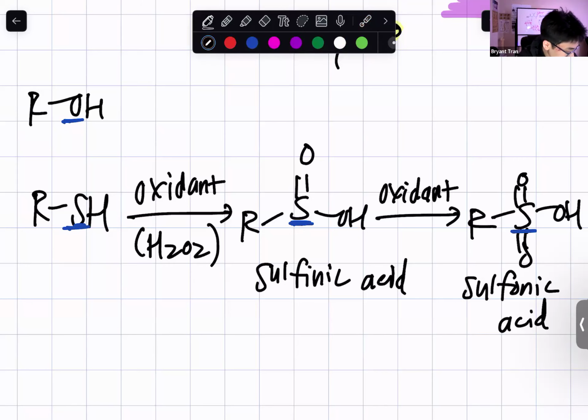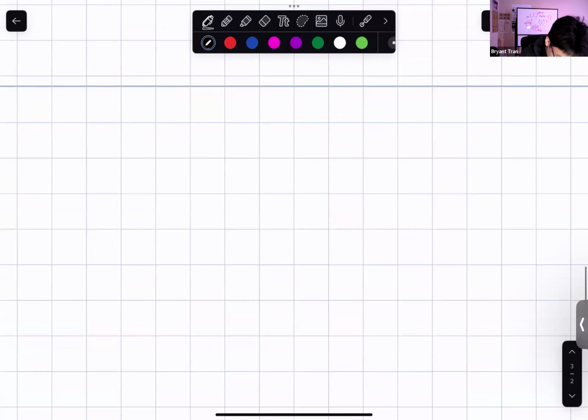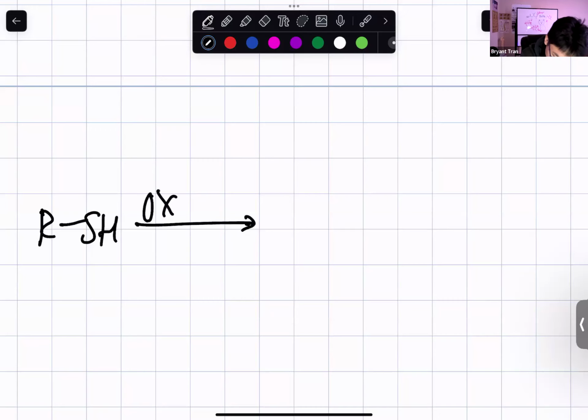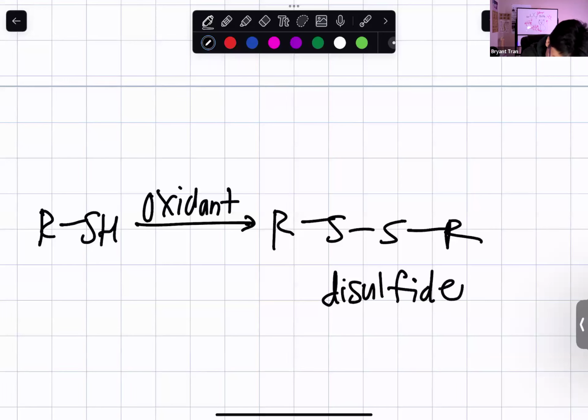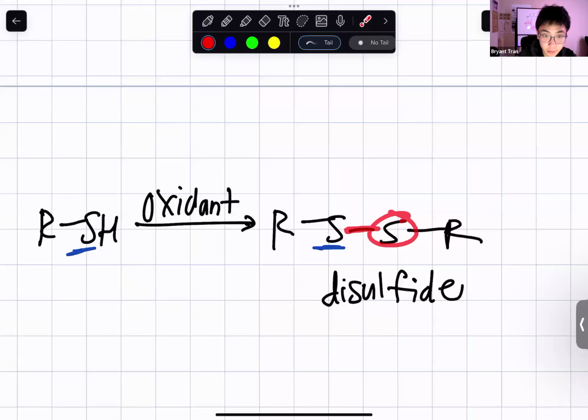Okay. Yep. And if you look at the top line, we would have that thiol and we put some kind of oxidant or oxidizing agent to it, we could oxidize this into a disulfide, which is still an oxidized form of this blue sulfur, because this blue sulfur now has 1 bond to an electronegative atom, which is sulfur, and 0 bonds to hydrogen.